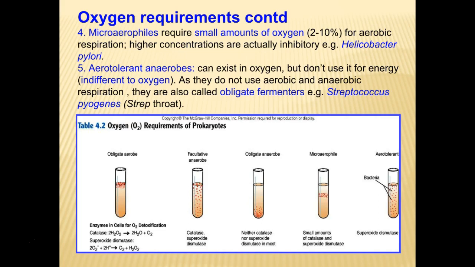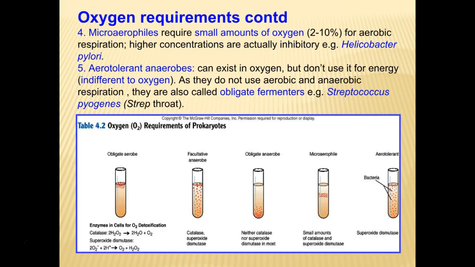So one example is Helicobacter pylori. Helicobacter pylori is the bacteria that they have discovered causes ulcers in your stomach. So you can see what we're talking about here. You sometimes get air into your stomach. The bacteria can survive small amounts of oxygen being in there, but not very much.